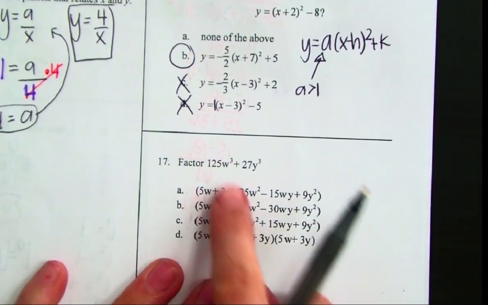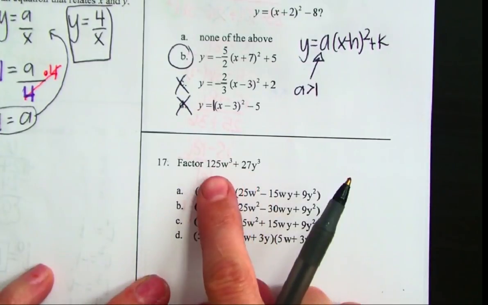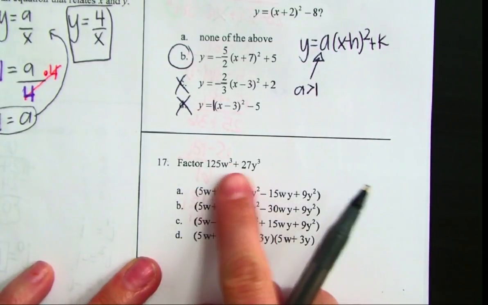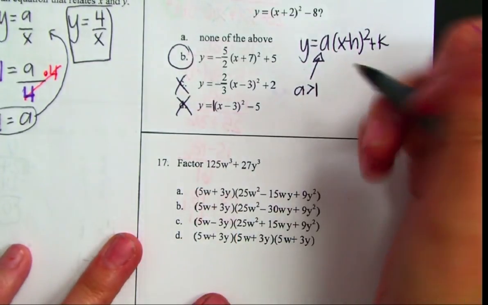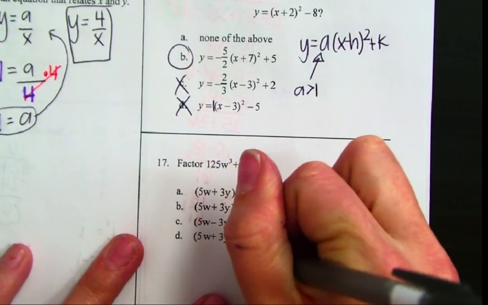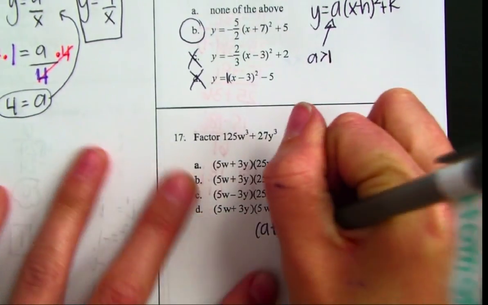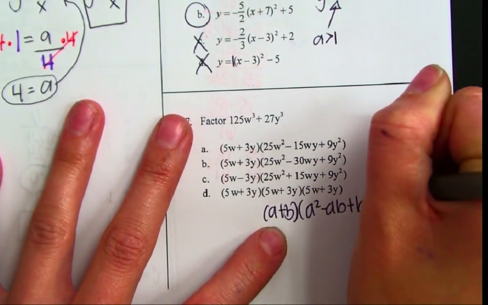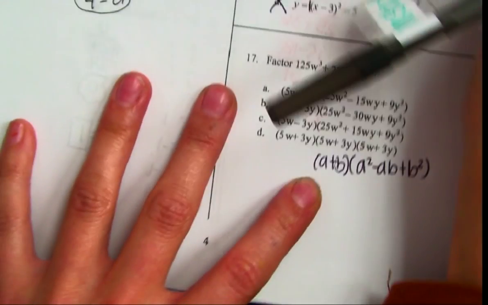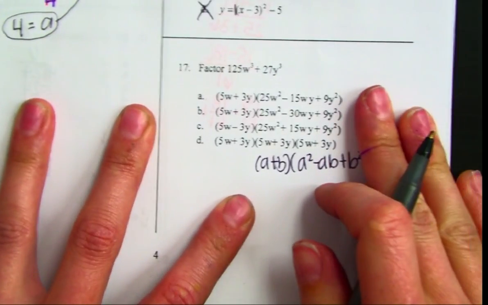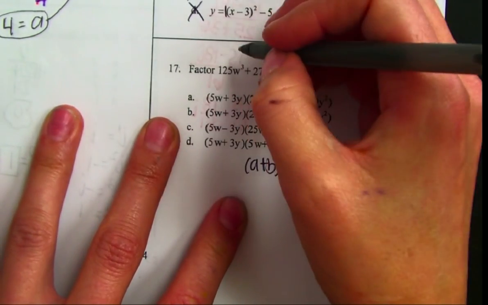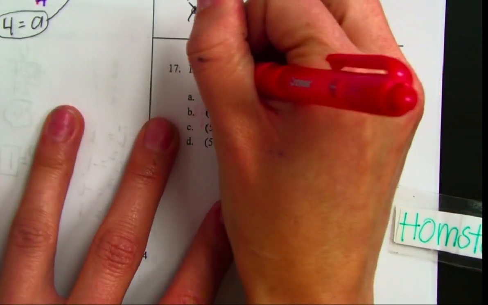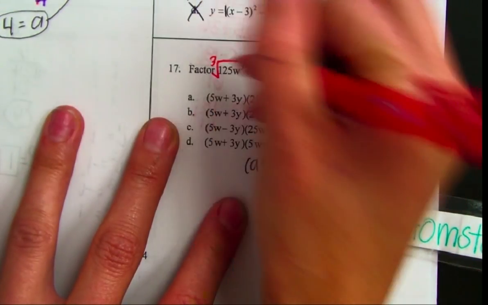Number 17, we're factoring this binomial, which is the sum of two perfect cubes. So we're going to be using the formula a plus b times a squared minus ab plus b squared. It's a formula that we need to memorize. To find your a term for your equation, you would take the cube root of your first term.